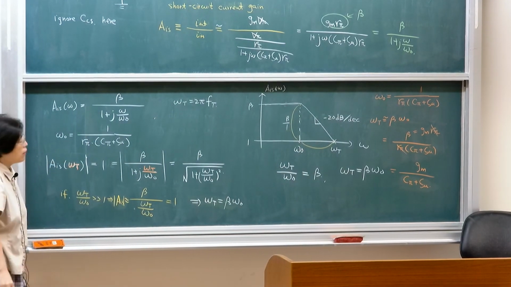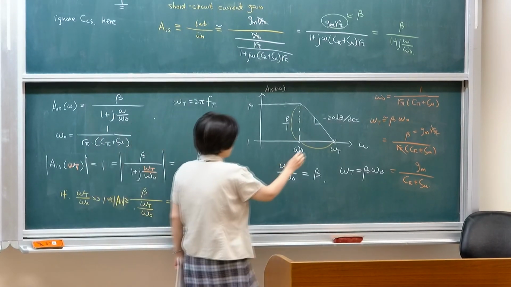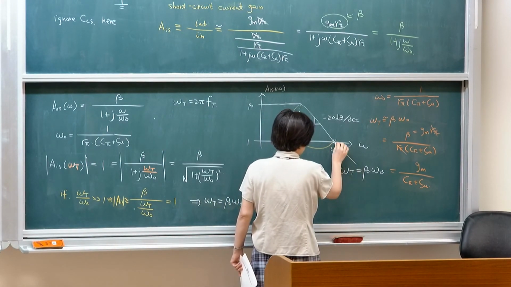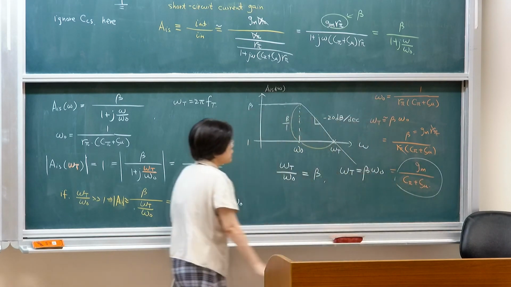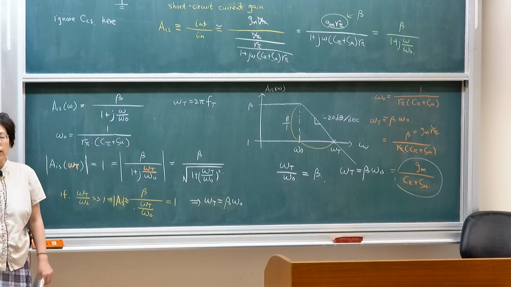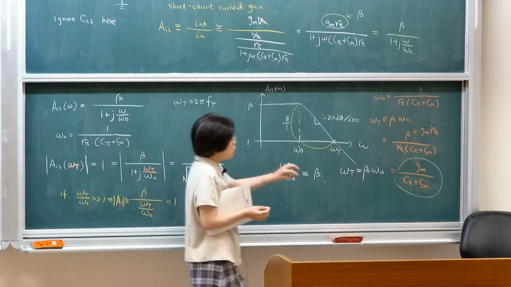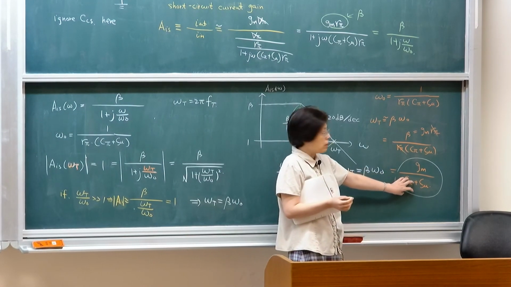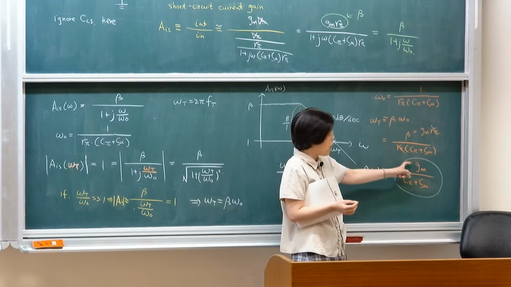So this will then give us a sense as to what the maximum frequency is, which is when two things compete with each other. One is the parasitic component, which will introduce a conductance, and the other is the active device.